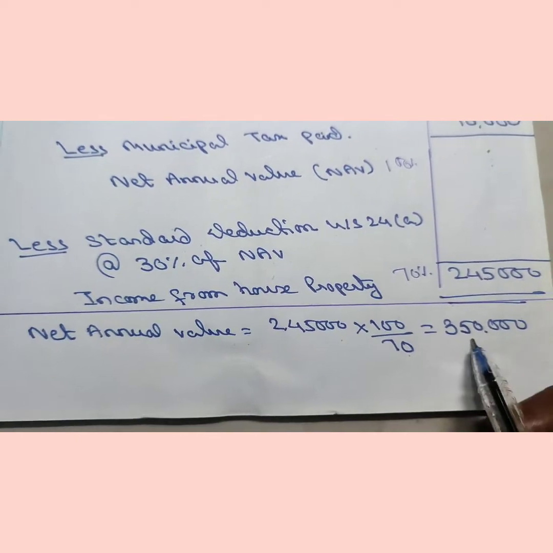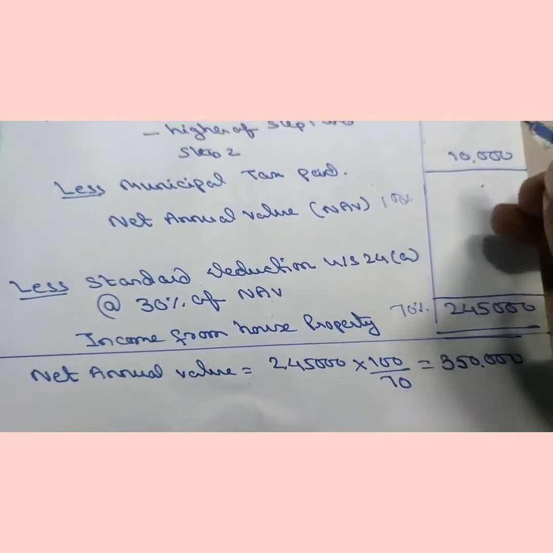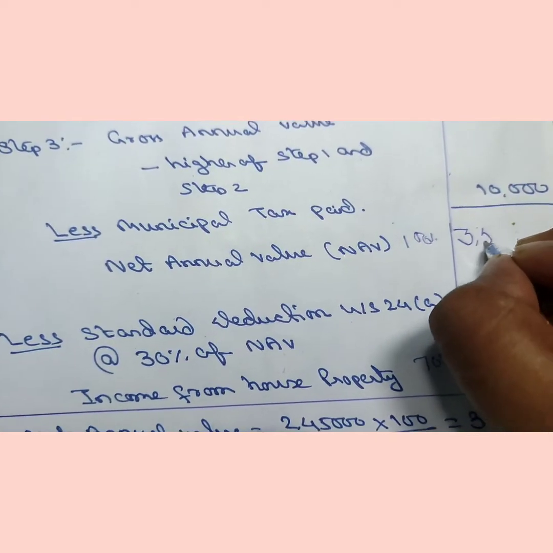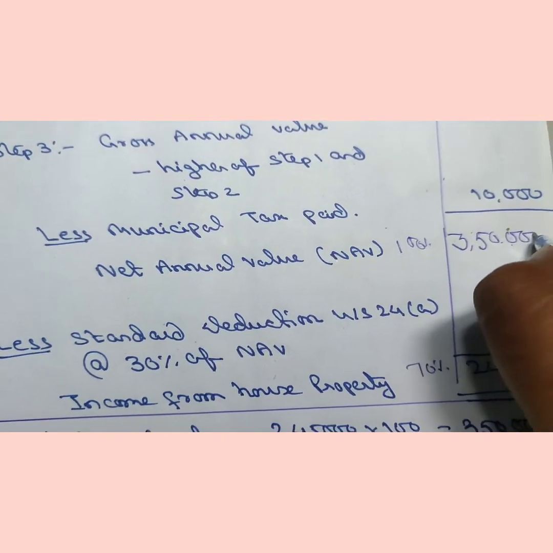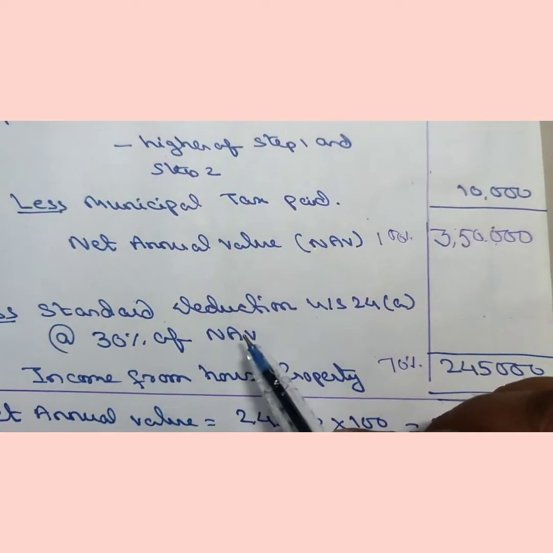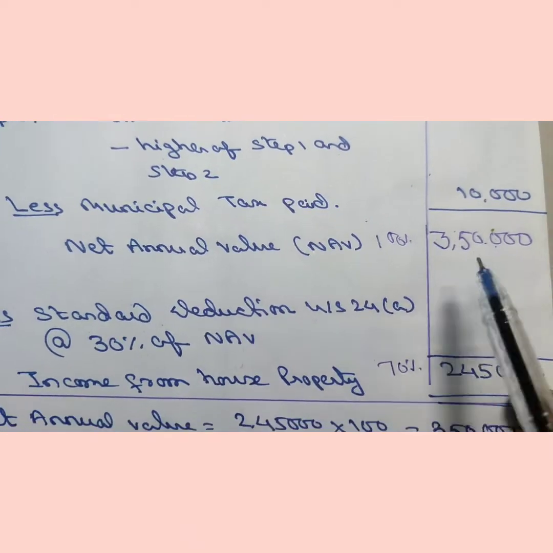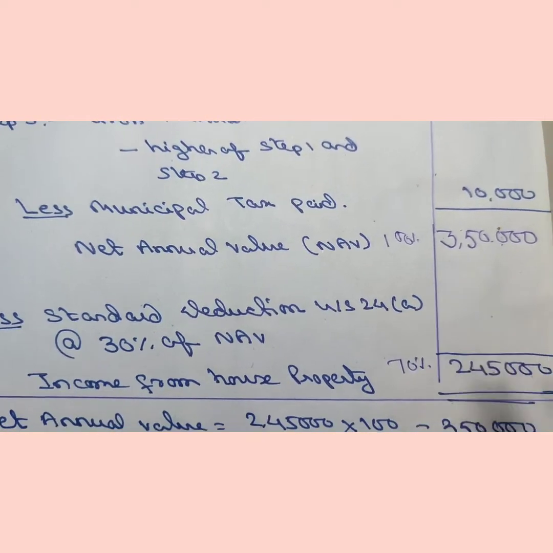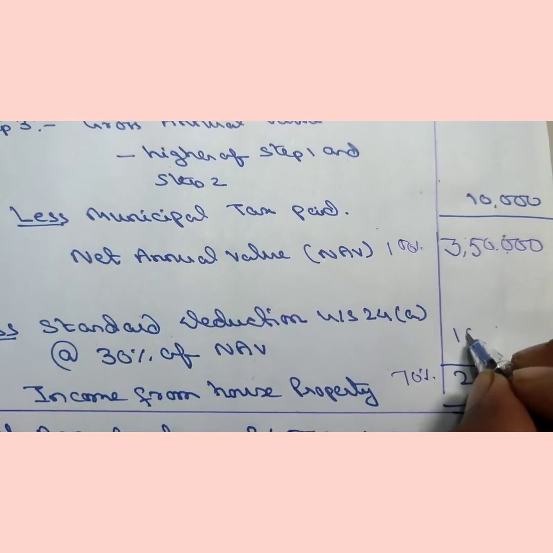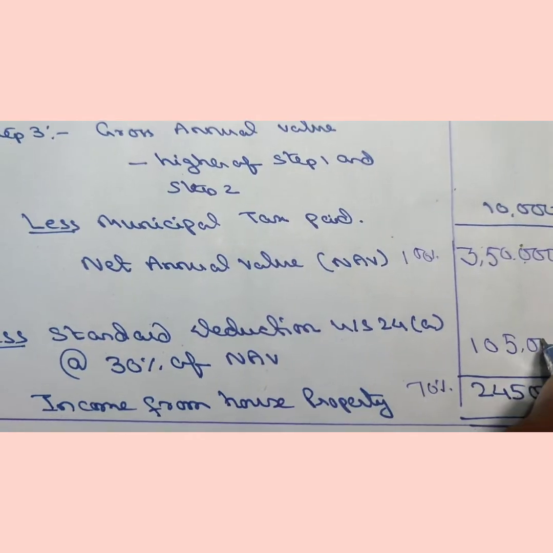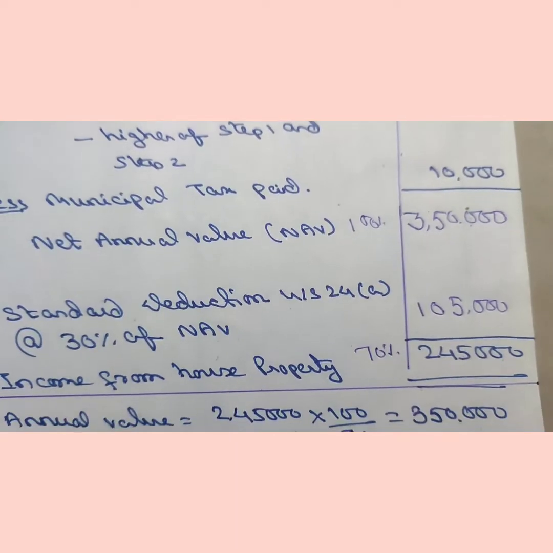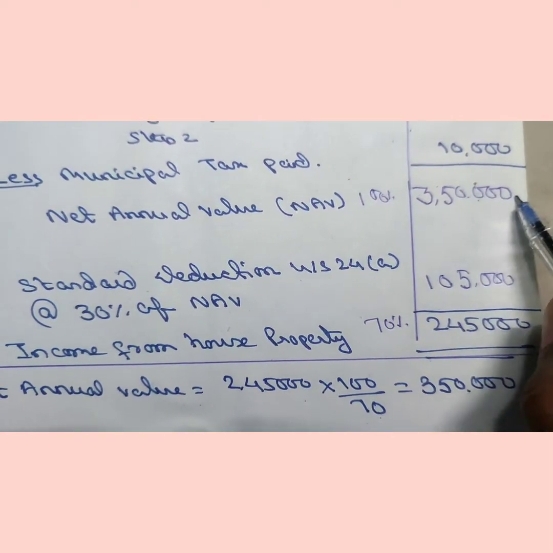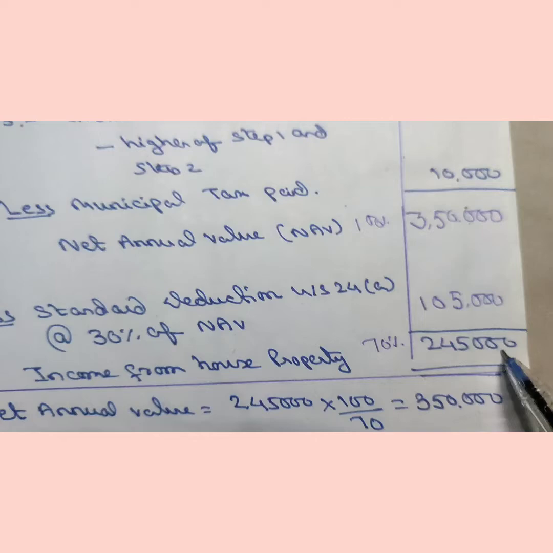After computing this, we get 3,50,000, which is the net annual value here. So, write 3,50,000 as net annual value. Now, what is the standard deduction? 30% of 3,50,000 is 1,05,000. Now check it. If 1,05,000 is deducted from 3,50,000, it comes to 2,45,000.